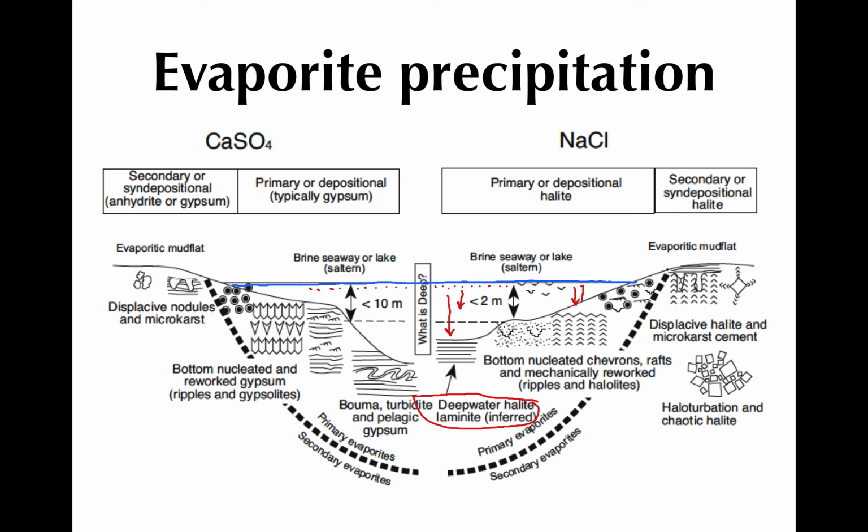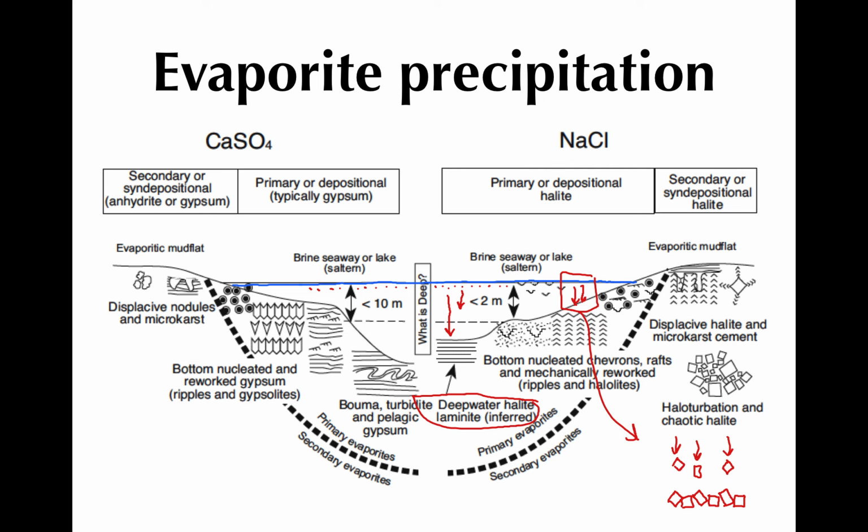Once these minerals fall to the bottom of a brine pool, let's say we take this part of this situation and just blow it up over here, and let's say we're dropping halite crystals onto the bottom. Those halite crystals will accumulate in a sort of randomly packed pattern, sort of like this, on the bottom of that brine pool.